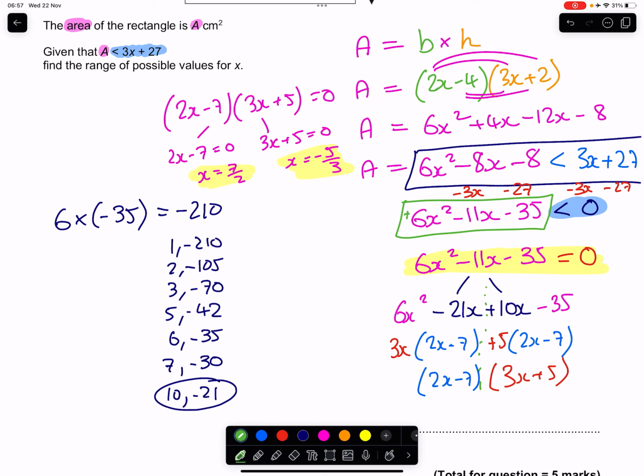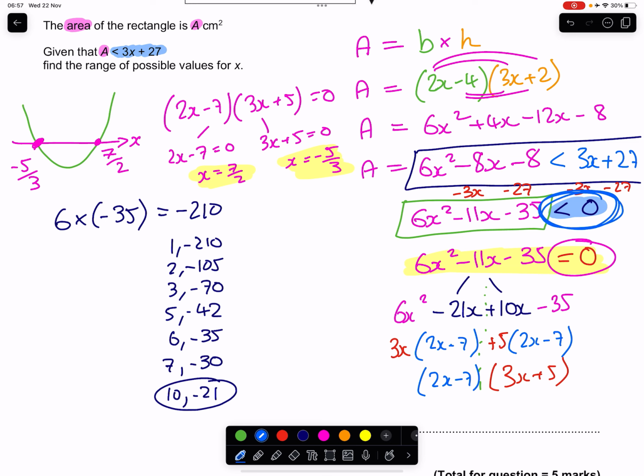Because that's a positive x squared, it is going to be a U shape. Solving for equals 0 is basically finding out where this U shape crosses the x-axis, which gives us these two answers: minus 5/3 being the smaller one and 7 over 2 being the bigger one. And then we're asking, where is the graph less than 0?